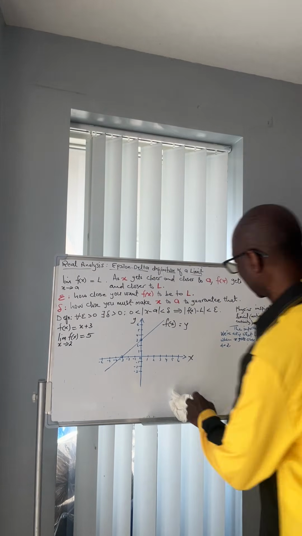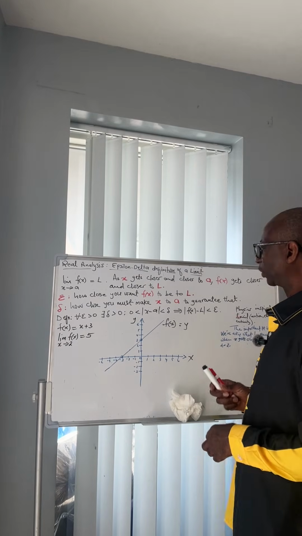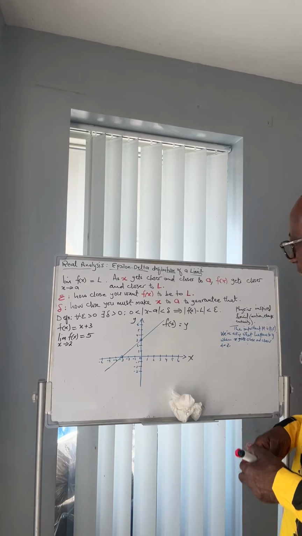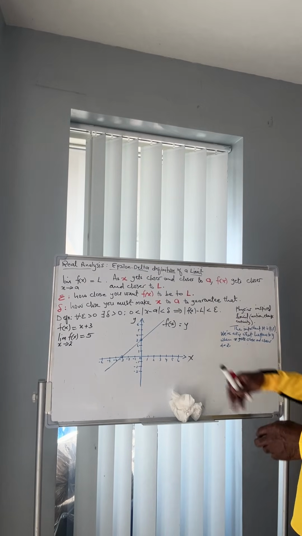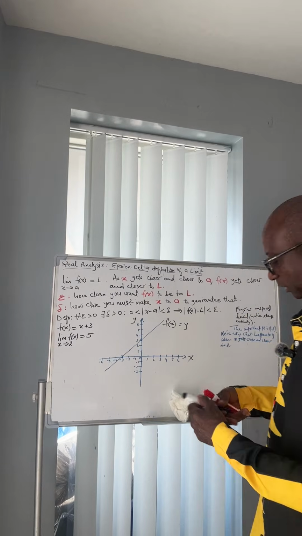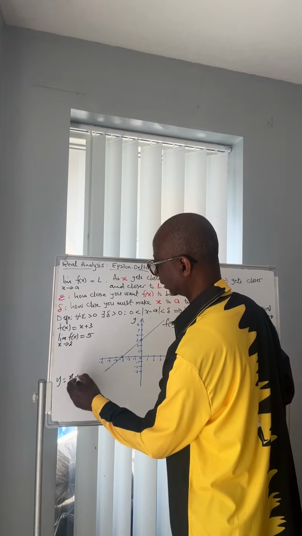So now let's look at this graph. Let us understand the function, the limit, the epsilon and the delta from here. We have this function, f of x equals x plus 3. It's like having a function y equals x plus 3.